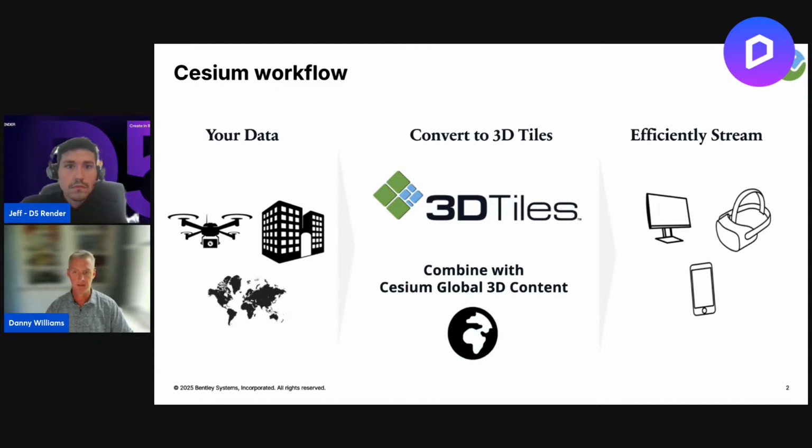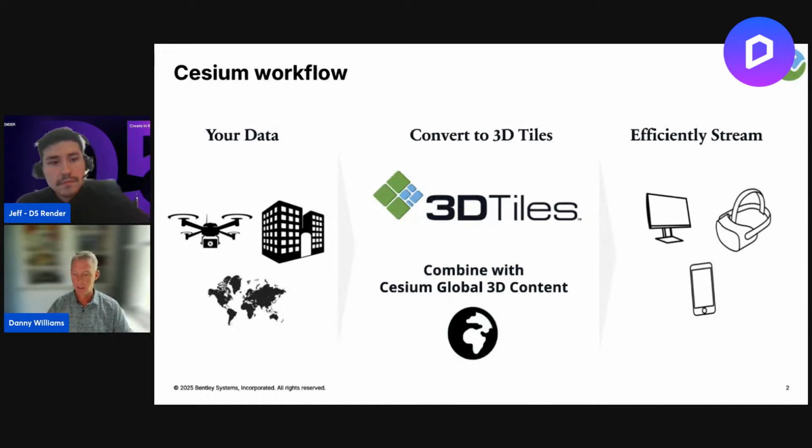So anybody can get the information about that open standard and build applications that can then ingest 3D Tiles. And the goal behind 3D Tiles is to be able to efficiently stream this large amount of 3D geospatial data into whatever end application you might want. Again, D5 is a great example of that.